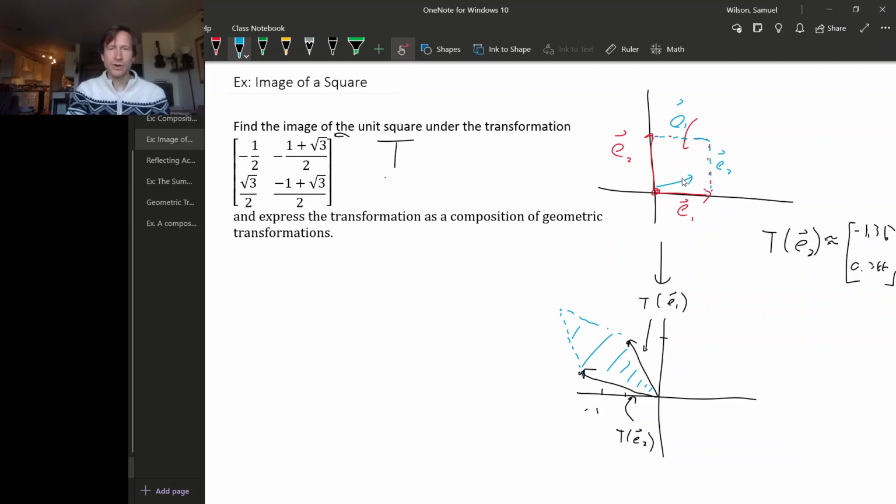Okay, so let's express this transformation as a composition of geometric transformations. Well, now we have to use our imagination based on this picture. If we started with this square, how could we end up with this result?